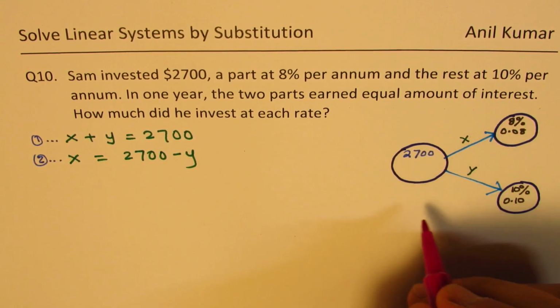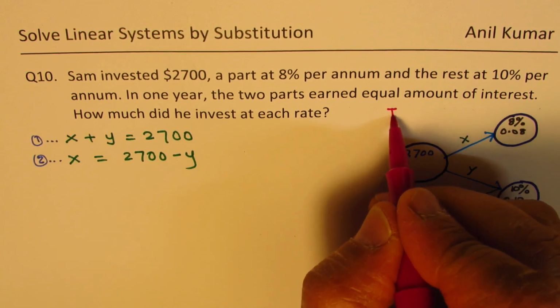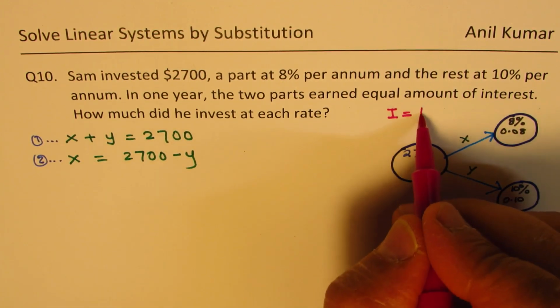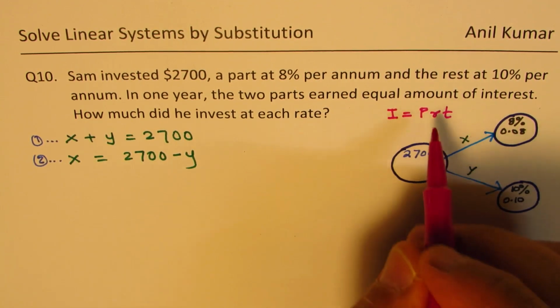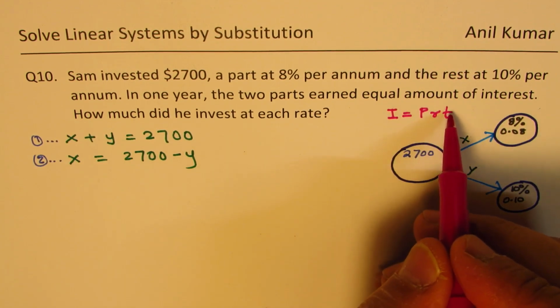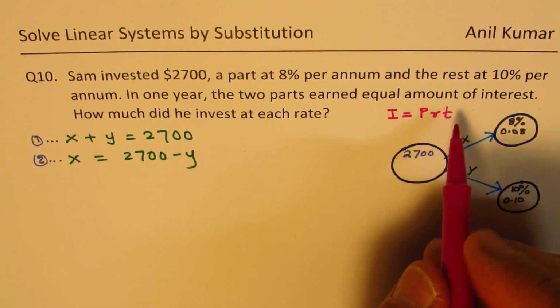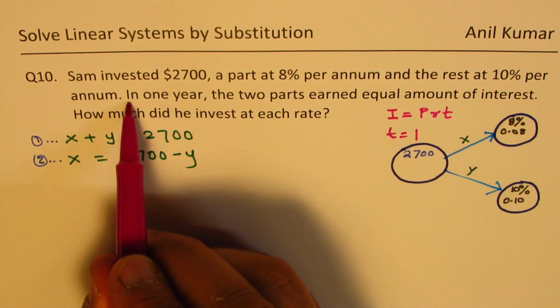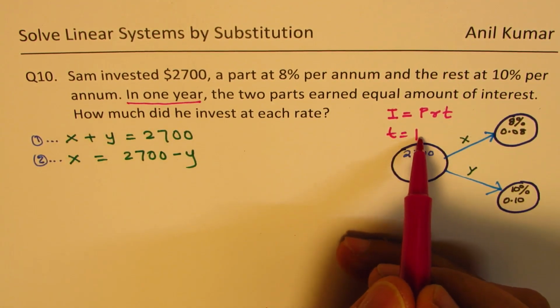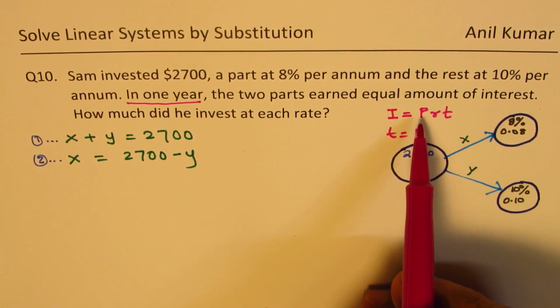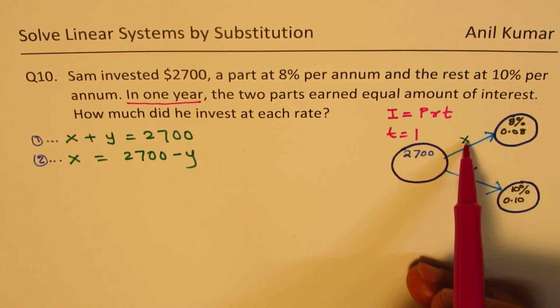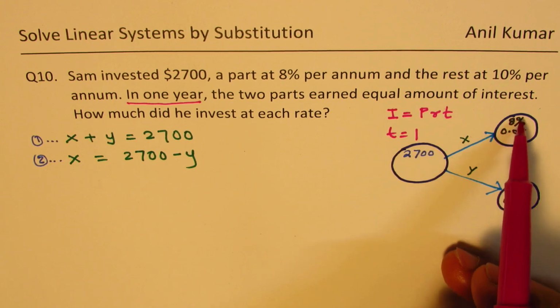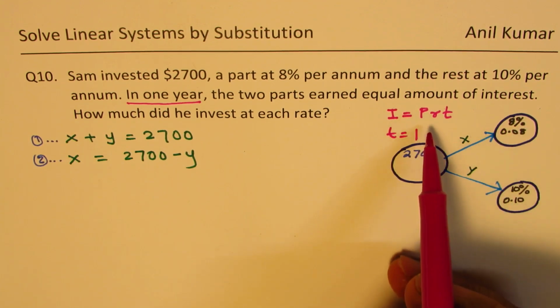So what is interest? Interest is basically equal to PRT, principal, rate of interest, and time. In our case, T is equal to 1 year. So principal amount is this X in the first case, and rate is 8%. Do you see that?